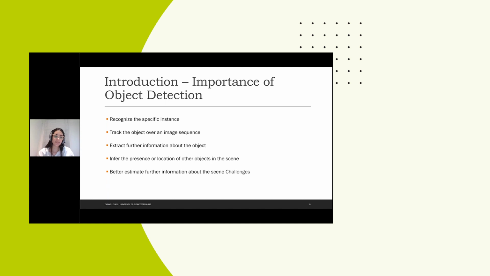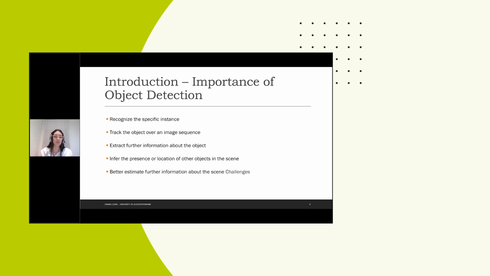So once an object instance has been detected, let's say a face has been detected in the image, it is possible to obtain further information, for example, recognizing the specific instance, such as identifying the subject's face, tracking the object over an image sequence, so tracking the face in a video, for example, and extracting further information about that particular object, such as the gender based on the face recognition.